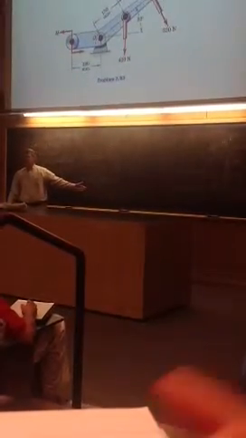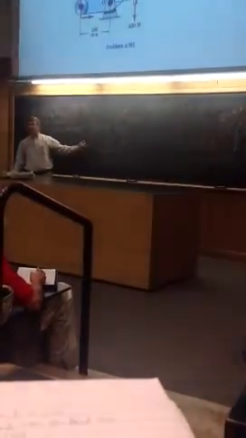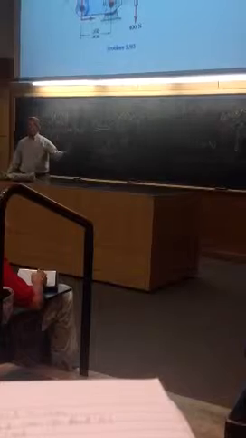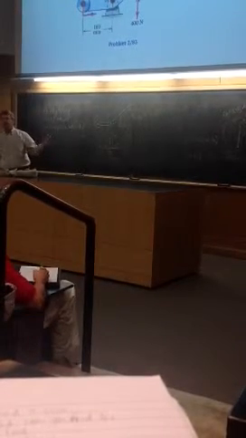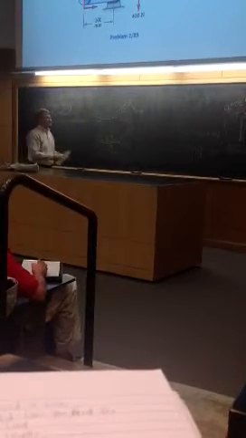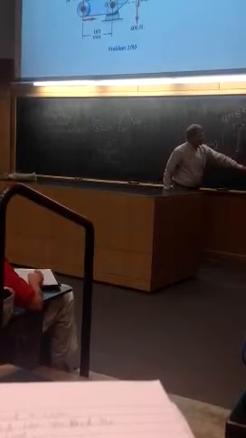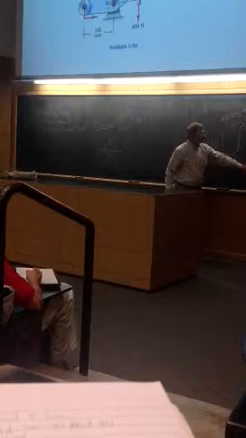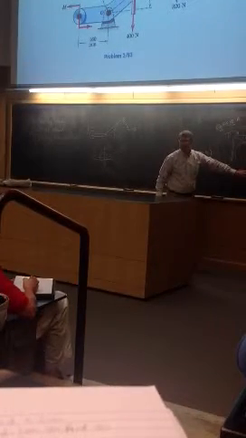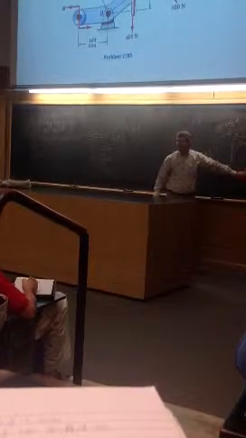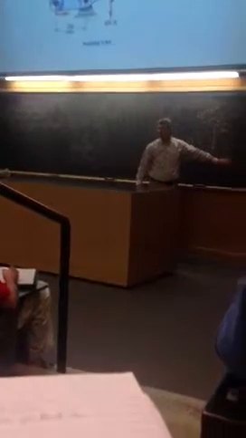Forces we can't do anything about. No matter what point we choose for an equivalent force couple, the X component of force is always the same, the Y component of force is always the same. The magnitude is always the same, the direction is always the same. The magnitude of the couple changes depending on where we find the equivalent force couple.